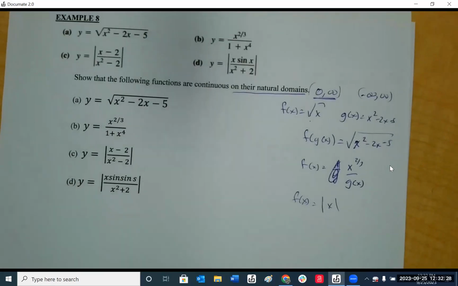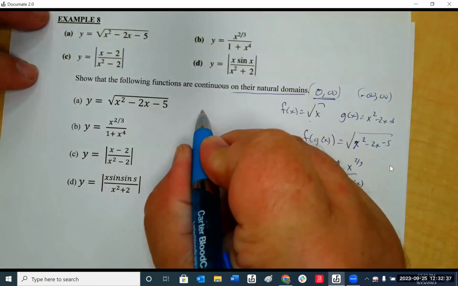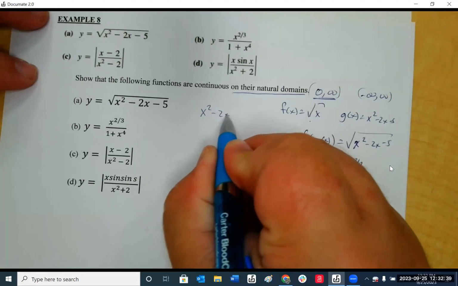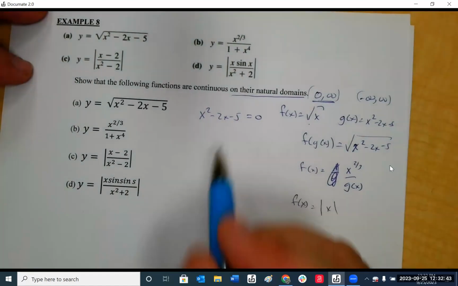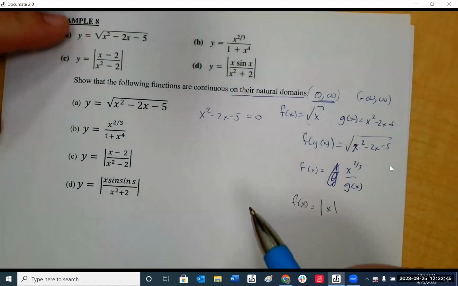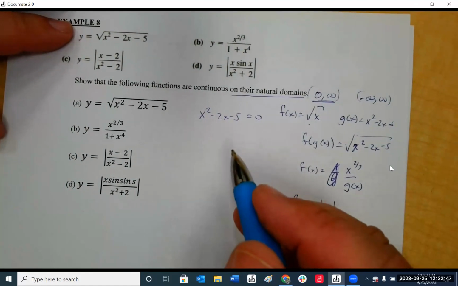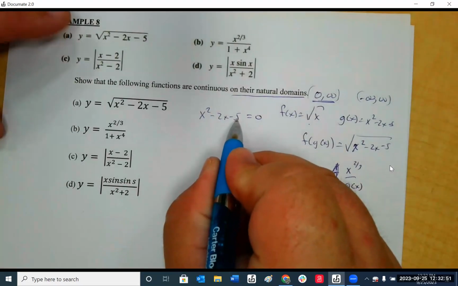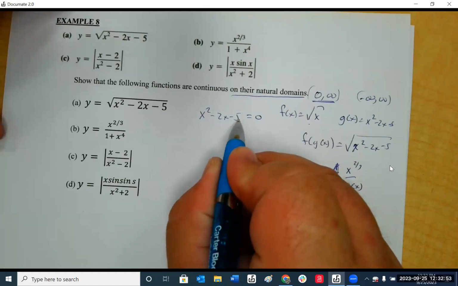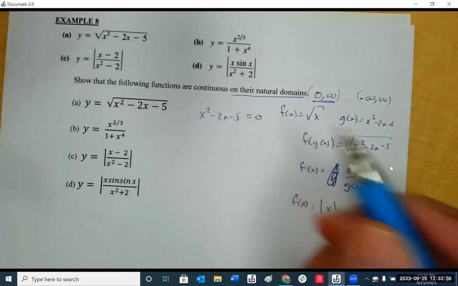What's the domain of the first one? Well, that would be for the root x, but if you also consider the g of x in there, we need to see where it equals 0. We can't use factoring here, because what times what is 5 when subtracted to give 2? We can't do that.